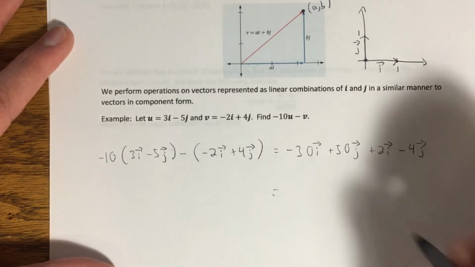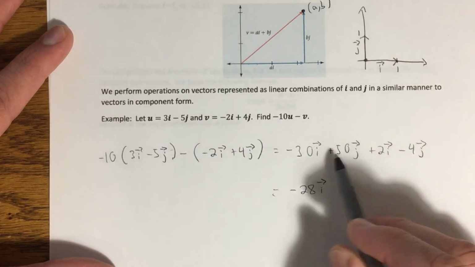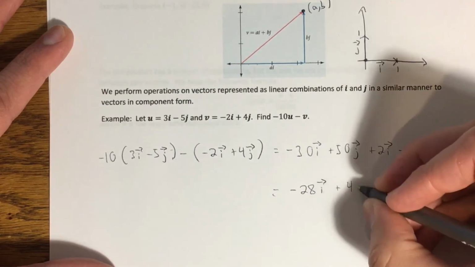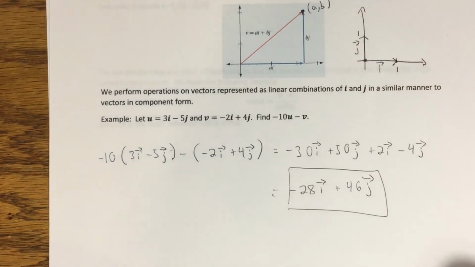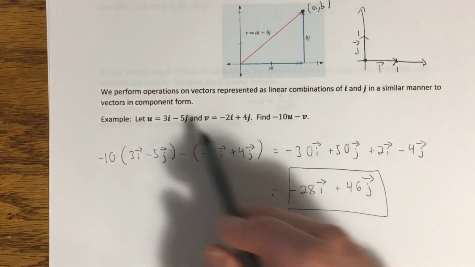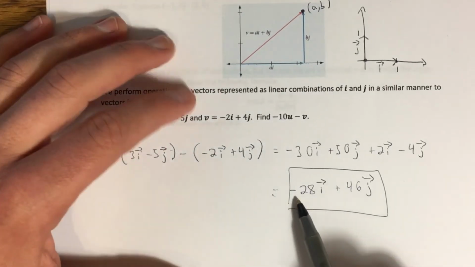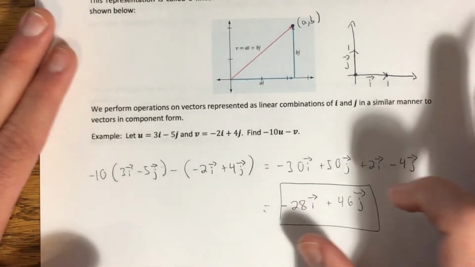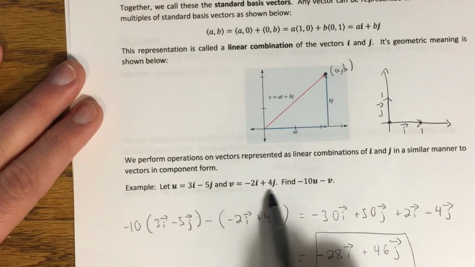Negative 30i plus 2i, that would be negative 28i. And then 50j minus 4j is plus 46j. That's the same thing I would have gotten if I had represented these in component form. It would look like the component form for a vector, but the components would be negative 28 and 46.